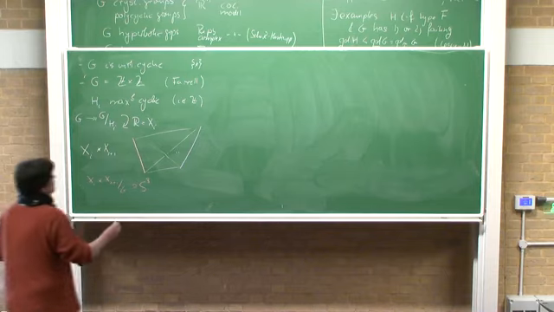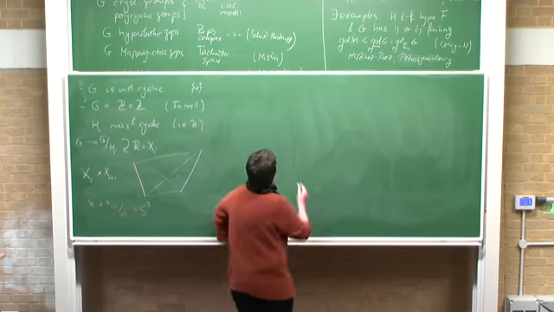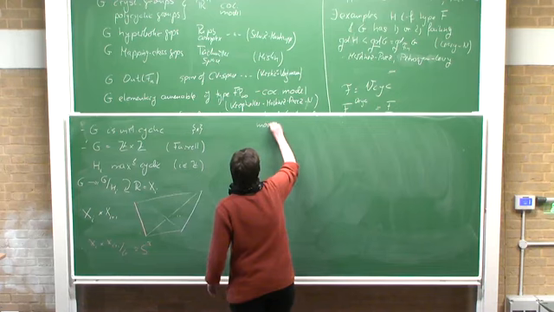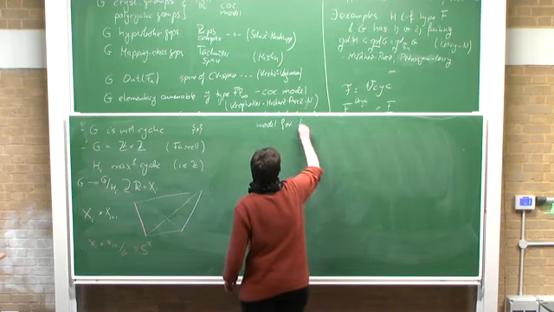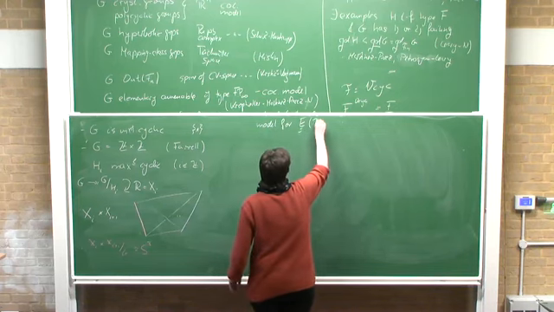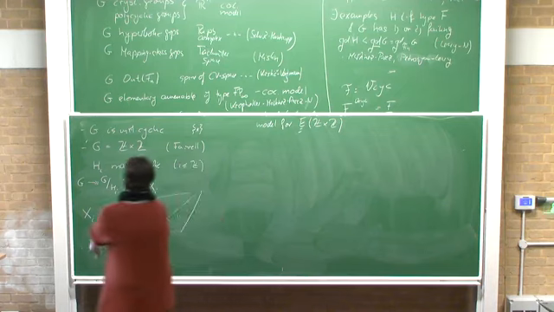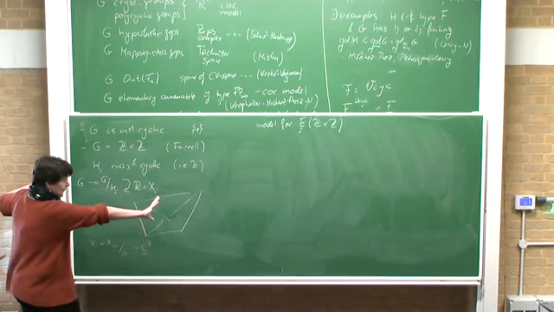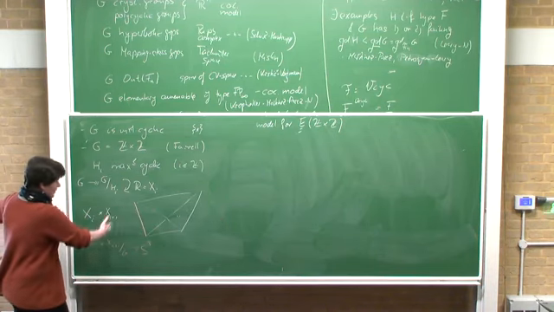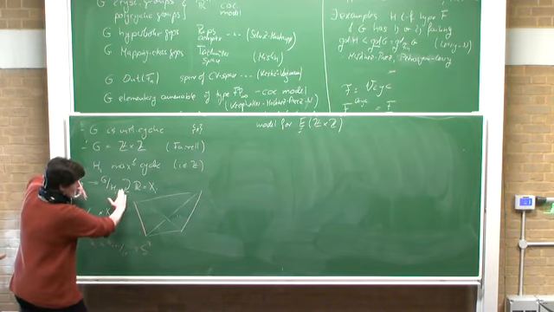And then the model for E bar bar G is then we glue all these together. So we take the union of these and we glue each copy of xi with itself.